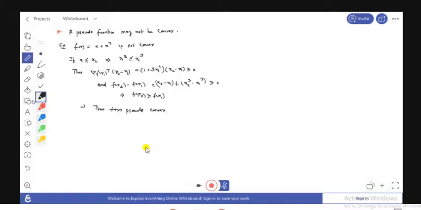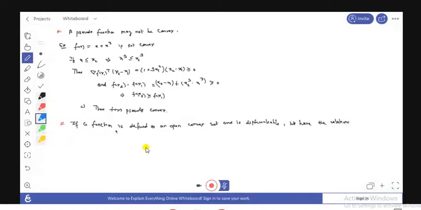If a function is defined on an open convex set and is differentiable, then we have the following relations, and these relations hold for any function which is defined on a convex set.